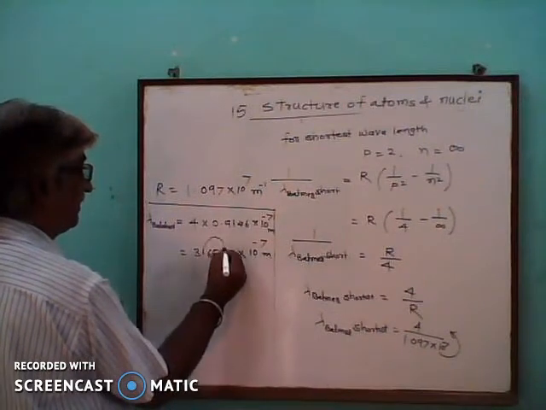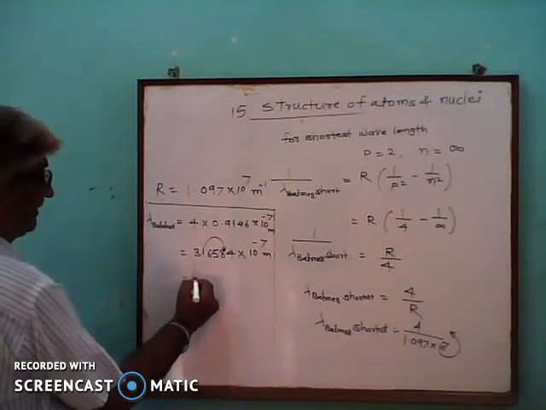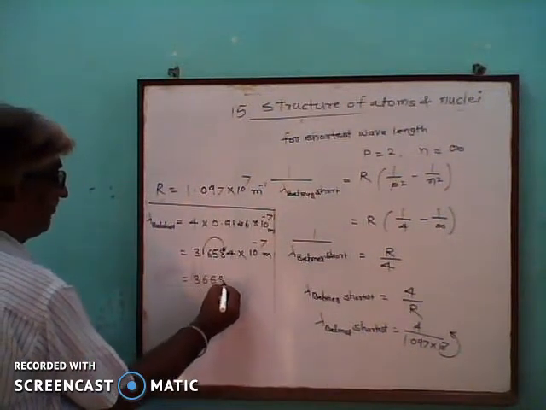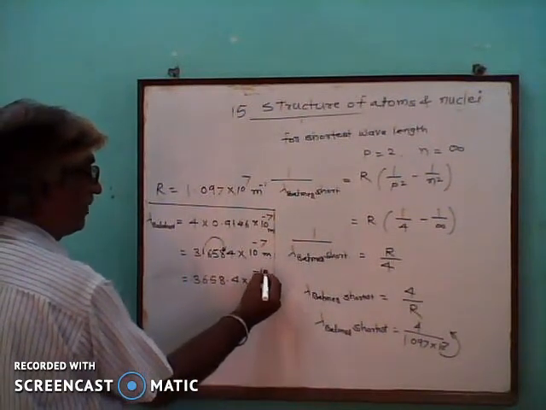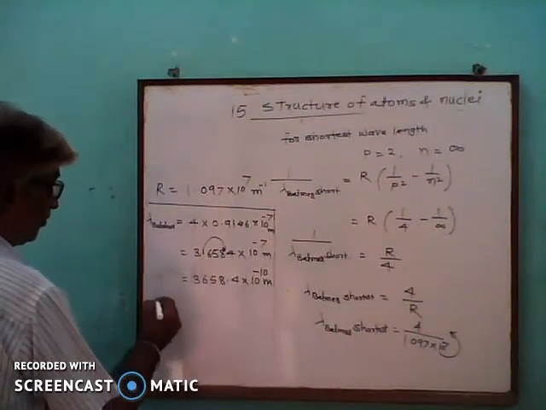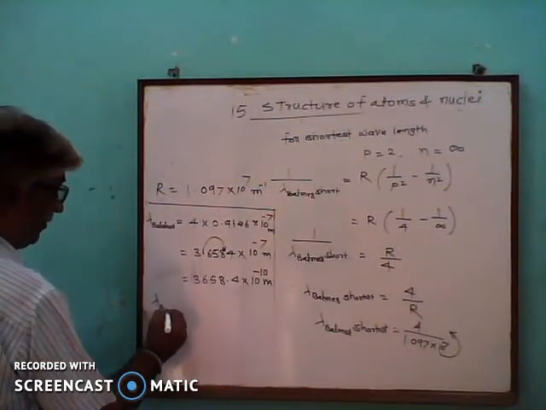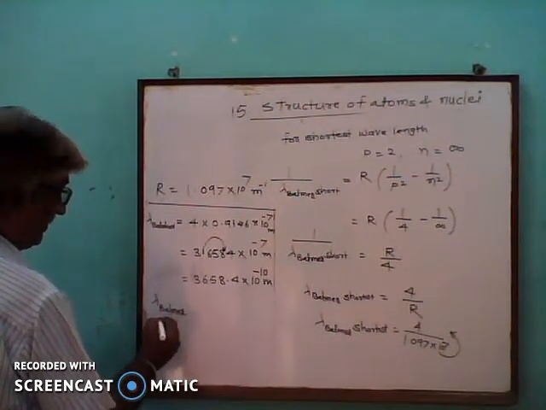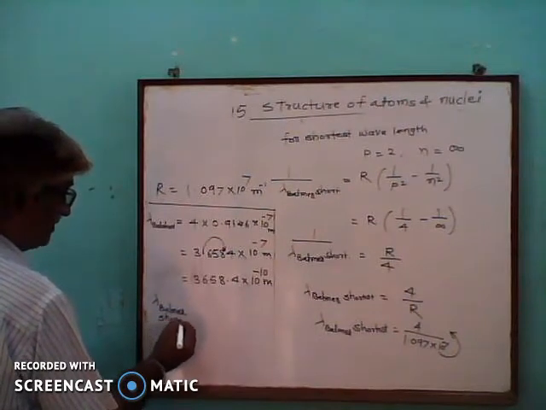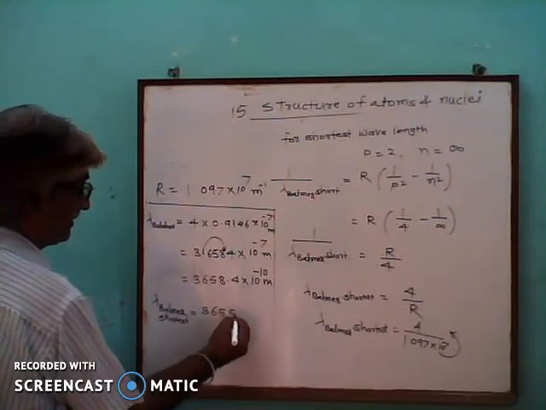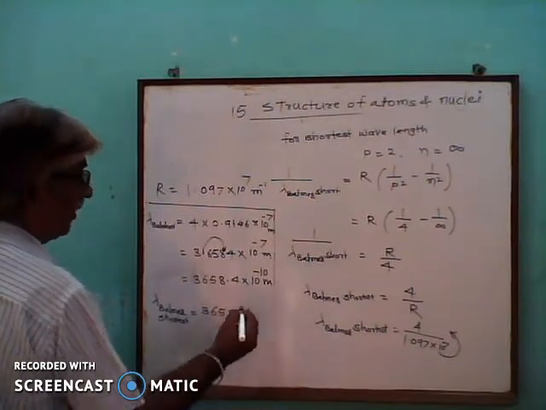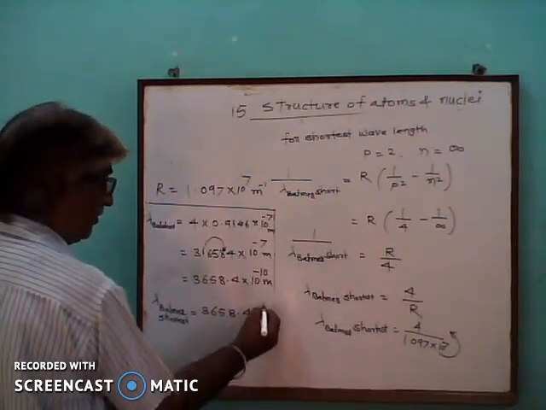If we shift the decimal point, that is 3658.4 into 10 raised to minus 10 meter. So the shortest wavelength of the Balmer series will be 3658.4 angstrom unit.